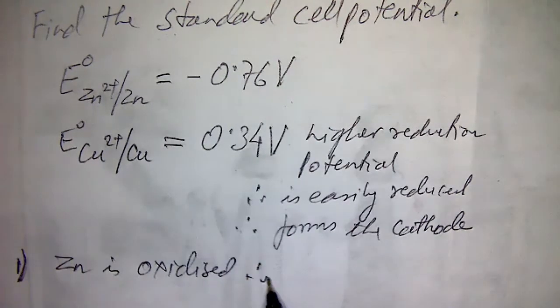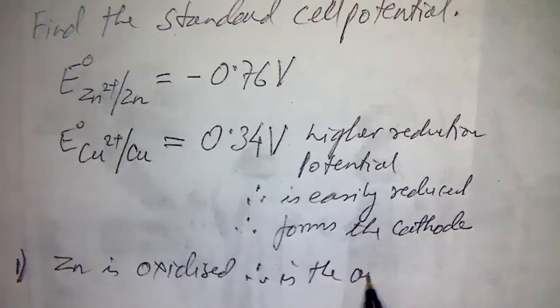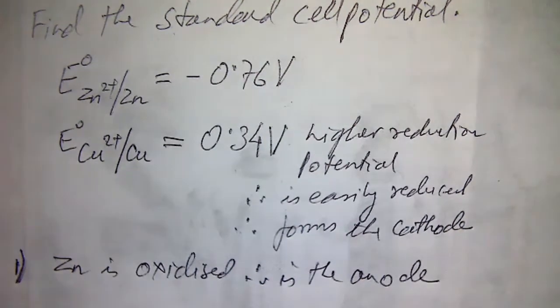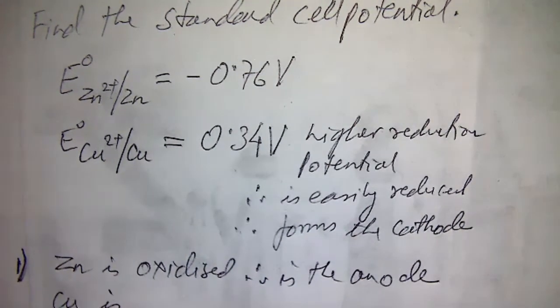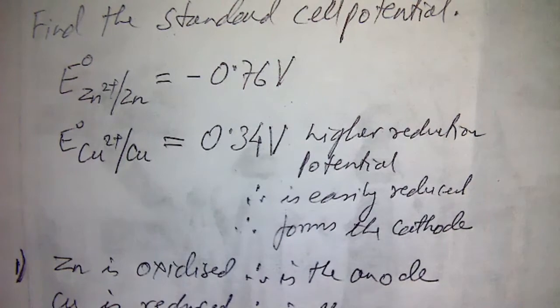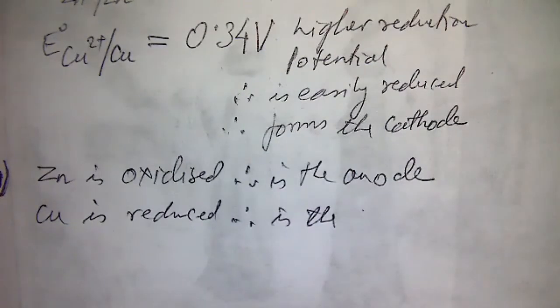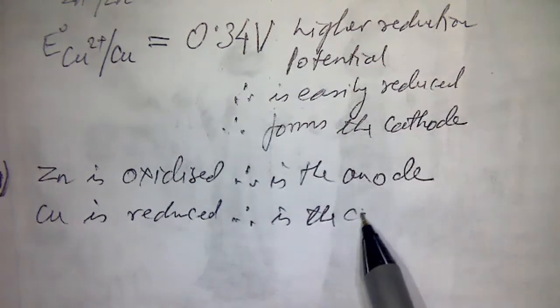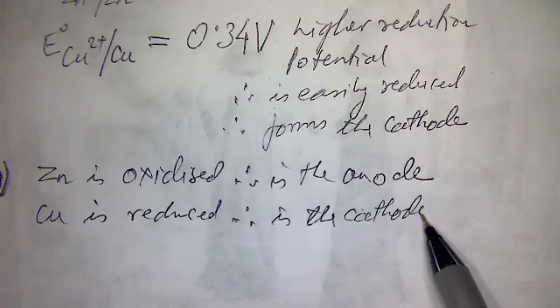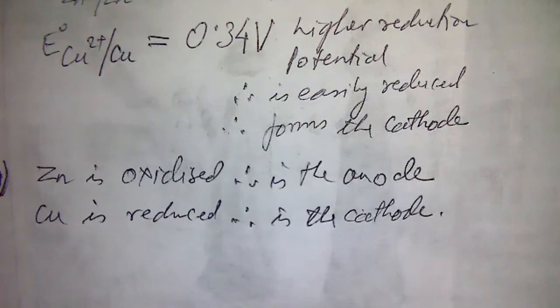Therefore, it is the anode. Copper is reduced. Therefore, it is the cathode. Understood?